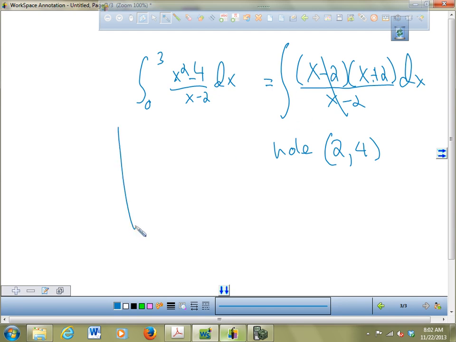So you'd have a hole in the graph. If I tried to find this graphically, it just looks exactly like the line y equals x plus 2, except it has a hole at the point 2, 4. All right? And so they're asking to find the integral from 0 to 3, which is this right there.